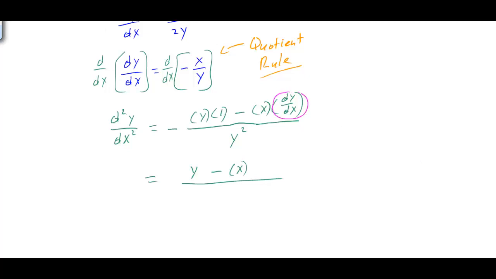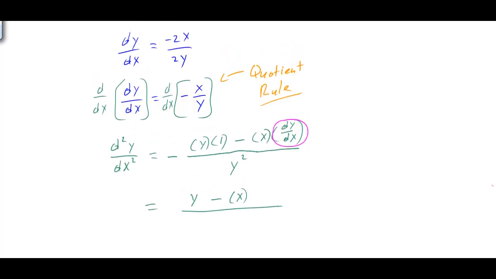Well, dy dx is what we found up here above, or dy dx is equal to the negative x over y. So in place of this, I'm going to substitute negative x over y. Here we're just simply using our substitution, dy dx from up here, we're going to substitute in negative x over y.